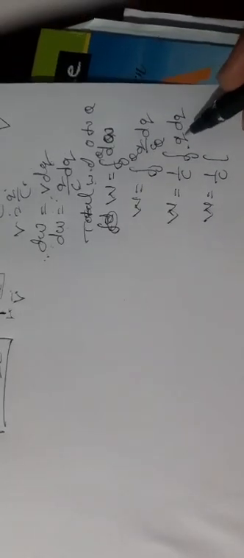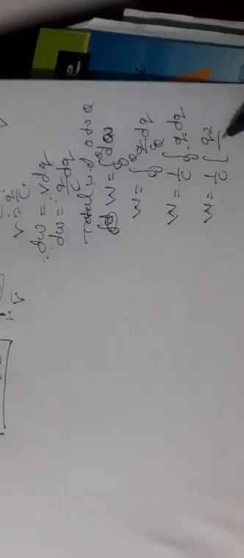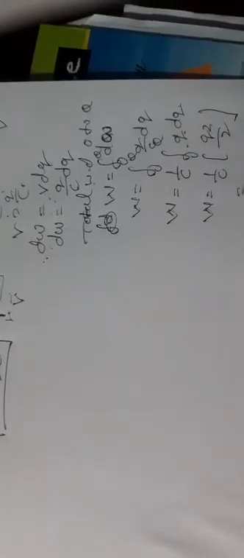The integral of q with respect to dq is q square by 2. Taking the 2 outside, we get 1 by 2C, with upper limit Q and lower limit 0. The small q is replaced by the upper limit minus the lower limit, that is Q square minus 0.